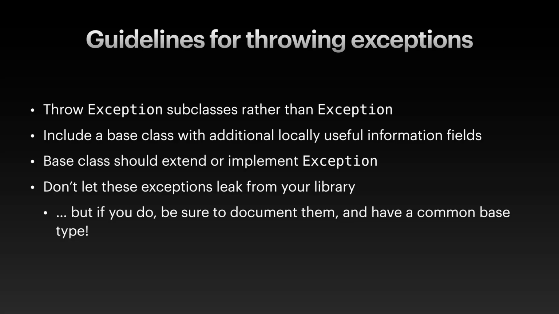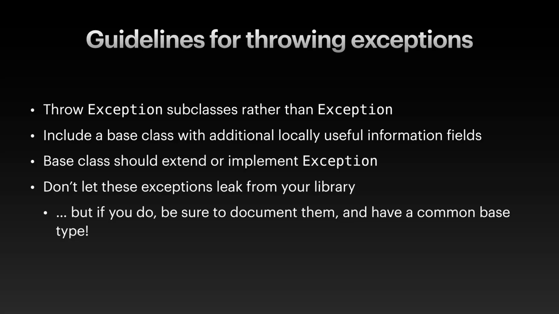And the base class should either extend or implement exception itself. And the point of that is that the linting messages will properly pick up that you're throwing something that's not an exception. This is simply hand-waving saying, look, I'm not implementing anything from exception, but I am implementing the exception interface, which means, yes, it's a legitimate thing to throw for exceptions.